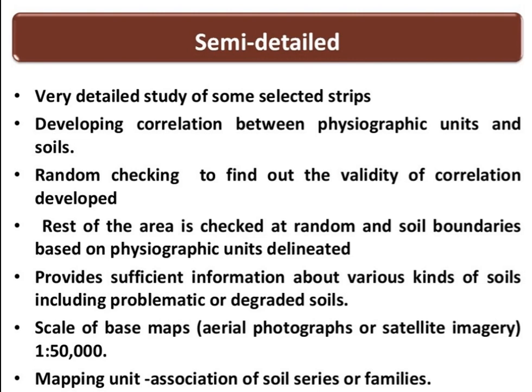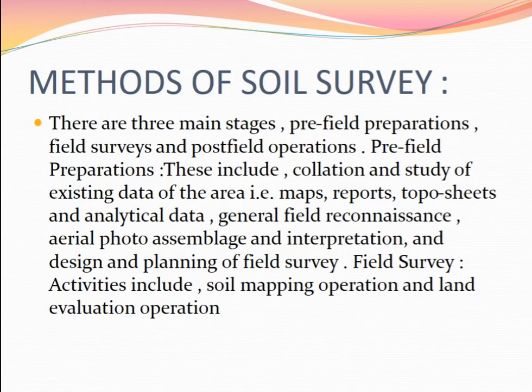This kind of survey provides sufficient information about various kinds of soils, including problematic or degraded soils. The scale of base maps, aerial photographs or satellite imagery is 1 is to 50,000. The mapping unit is association of soil series or families.